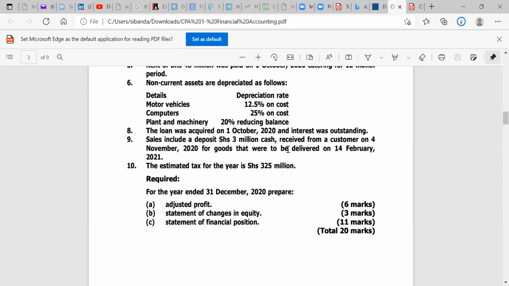Now, the goods are to be delivered in a period that is beyond the year-end period. Remember, our end of year period ends 31st December. So any goods that are delivered on 14th February are basically goods that relate to the next financial year. So this deposit of 3 million cash that they are telling us is included within our sales.